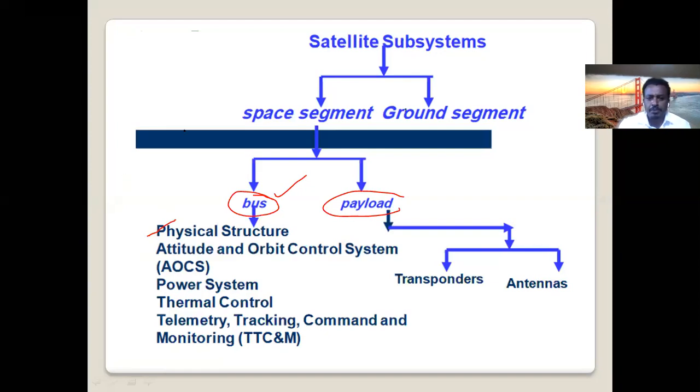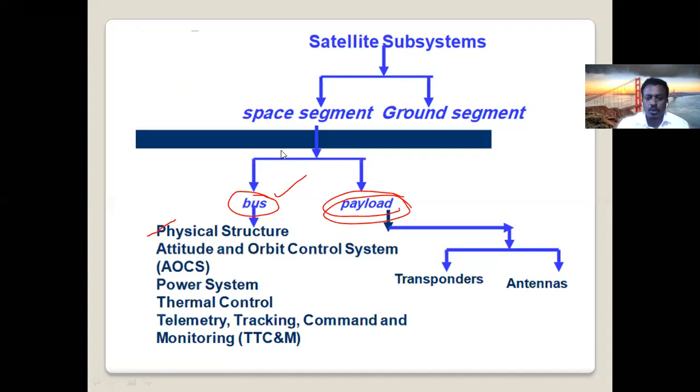Another part of the space segment is what we call payload: equipment and devices which are intended to give services. In this particular case, we are discussing a satellite for communication service, right? So equipment which is designed and put in place in space to provide this communication service, we categorize as payload.